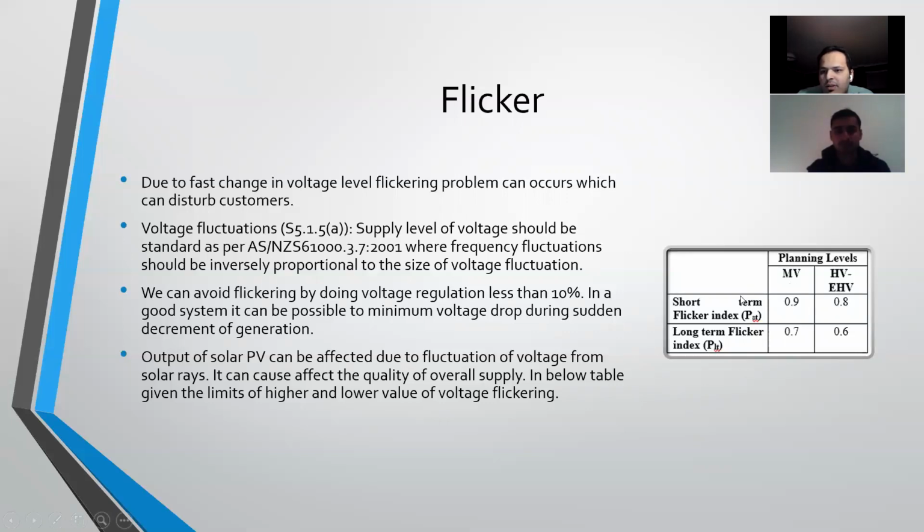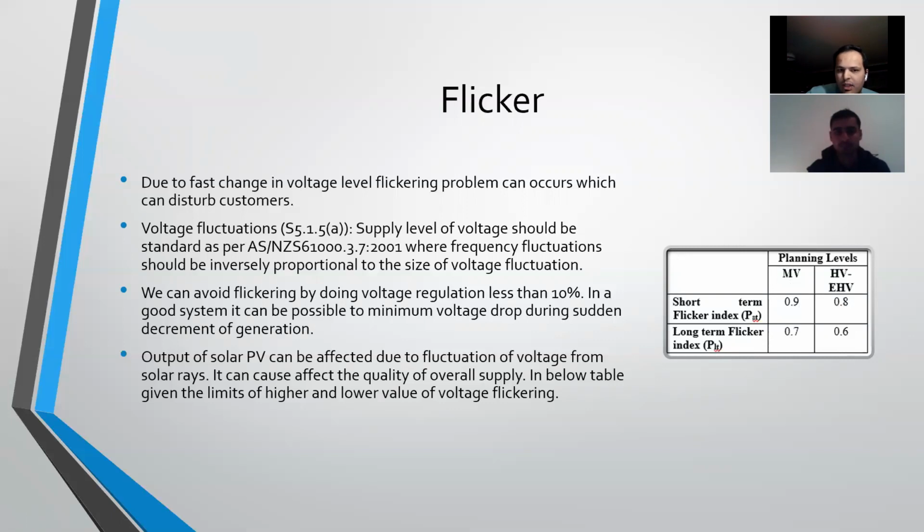In our project, we have defined the short term and the long term flicker, which are 0.9 and 0.7, with HVEC limits of 0.8 and 0.6 at the planning level. In the flicker, we can avoid it by regulating the voltage to less than 10% in good operating condition.